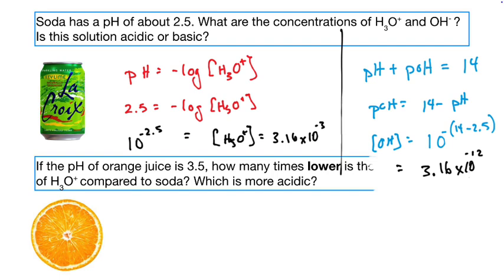Is the solution acidic or basic? Acidic. How do we know it's acidic? Because we've memorized that pH scale and we're under 7, so it's acidic. Make it harder. How else do we know it's acidic?